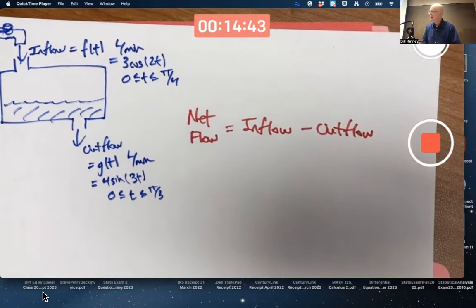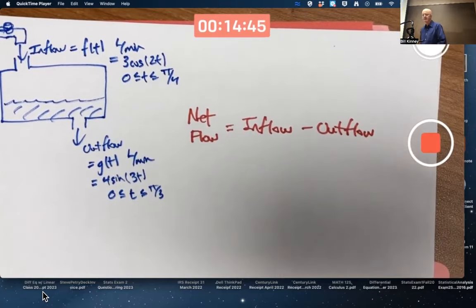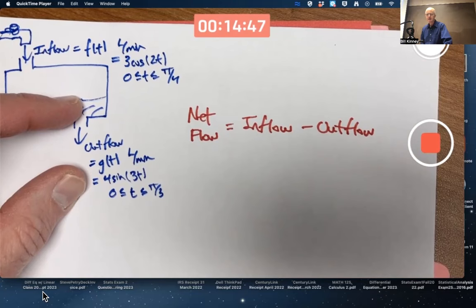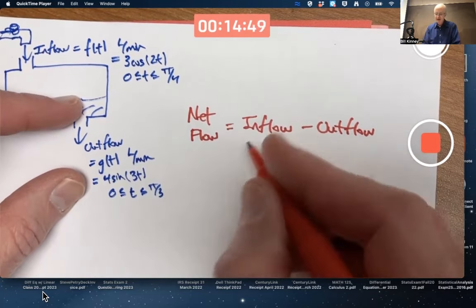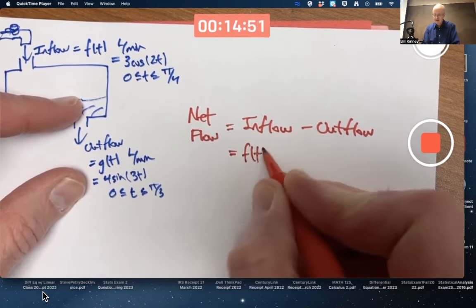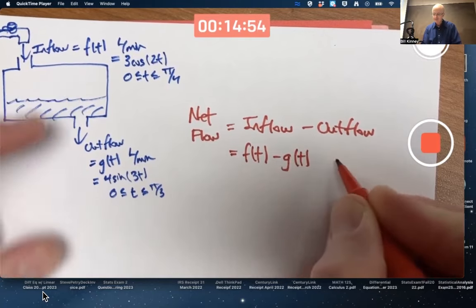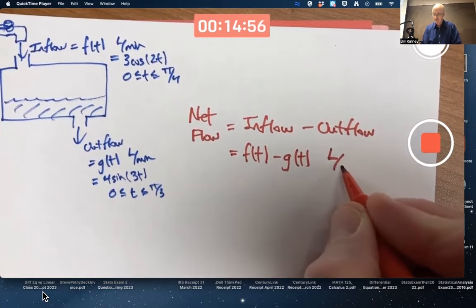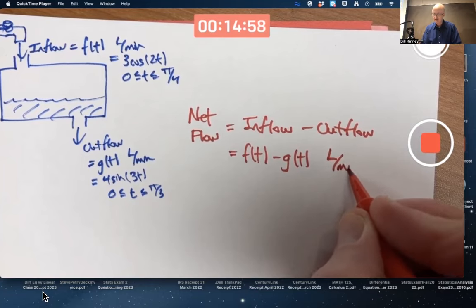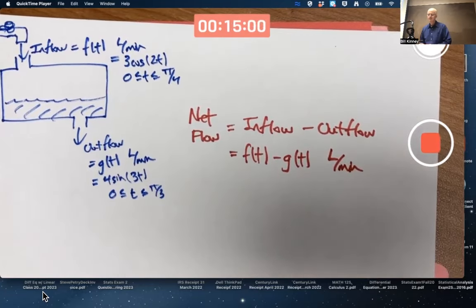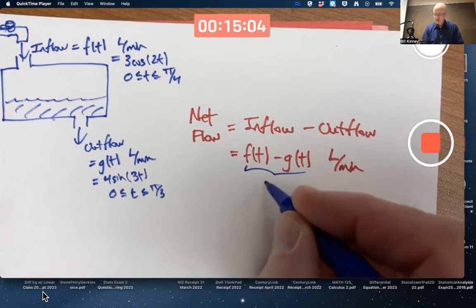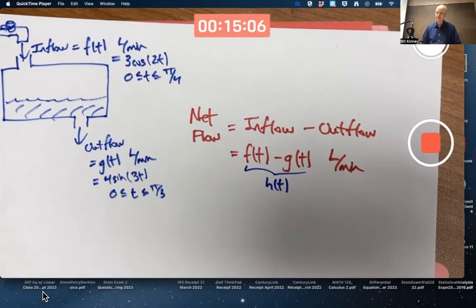That's something that definitely could be negative, even when both of these things are positive. It's going to be the inflow minus the outflow, which is f of t minus g of t. Its units are going to be the same as the units for f of t and g of t, liters per minute. Maybe you want to give this function a new name. Maybe you want to call it, say, h of t, the next letter.